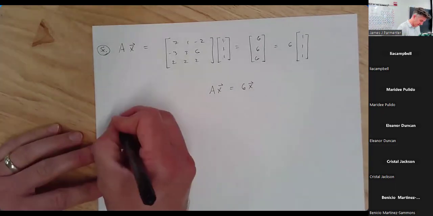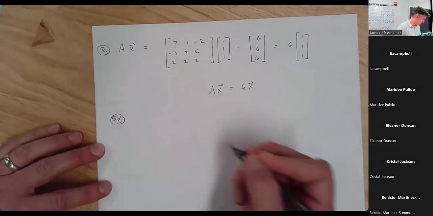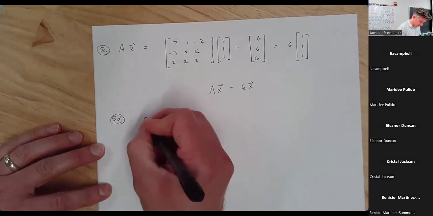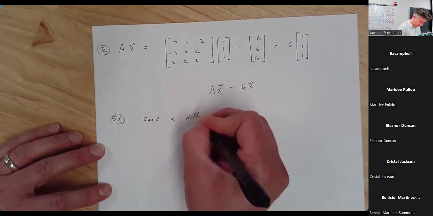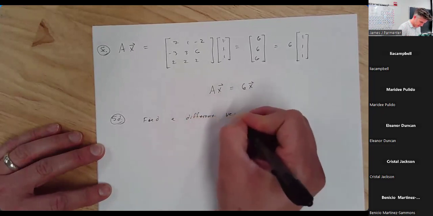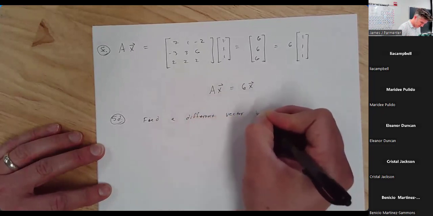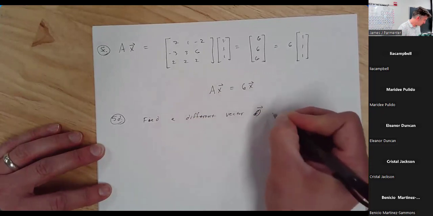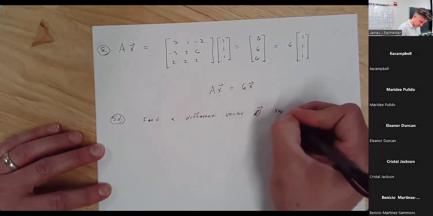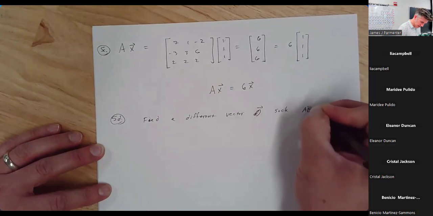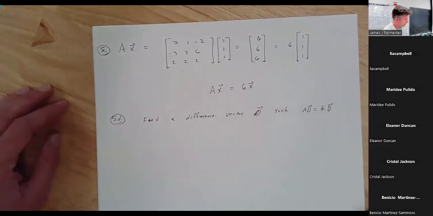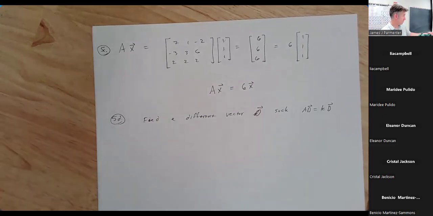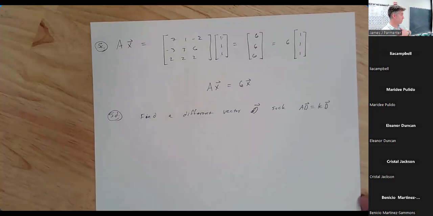So here's what question 5D says. 5D says, find another vector D. I'm going to say a different vector D. It uses a capital. Such that A times D is equal to a constant times D. So here's what we should do. Oh, question. Did you say? I didn't choose it. I didn't get to choose.